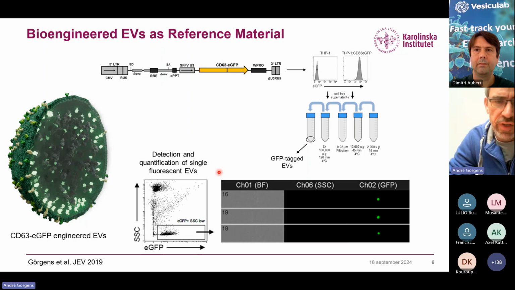And we succeeded early on to identify scatter low fluorescent positive EVs with this technology, and it was incredibly helpful to have these CD63 EGFP engineered EVs as reference material throughout.